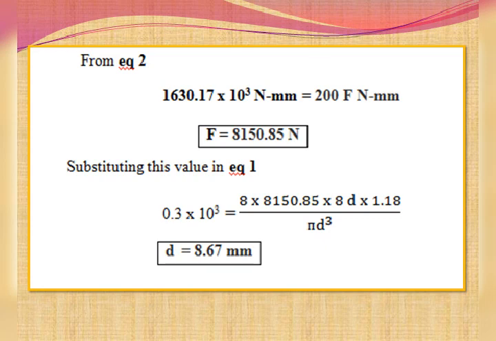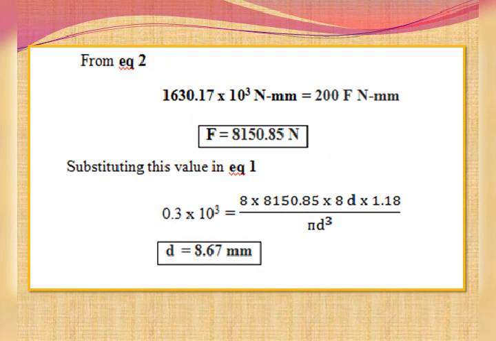So we are getting 1630.17 into 10 to 3 Newton millimeter equal to resilience, that is 200 times F Newton millimeter. So here it is possible to get the value of force acting on the spring. After simplification, we are getting 8150.85 Newton or 8.15 kilonewton. This is the load actually going to act on the spring. This we have to consider instead of 18 kilonewton.